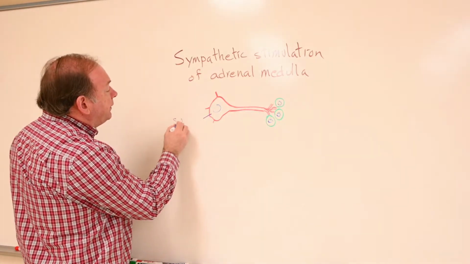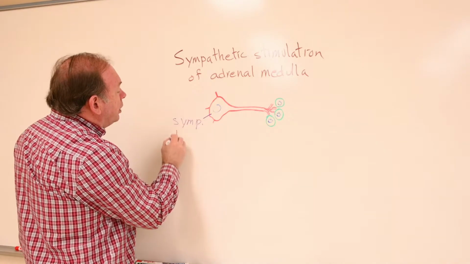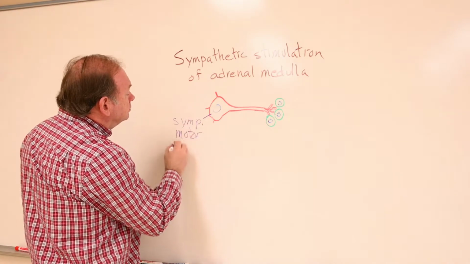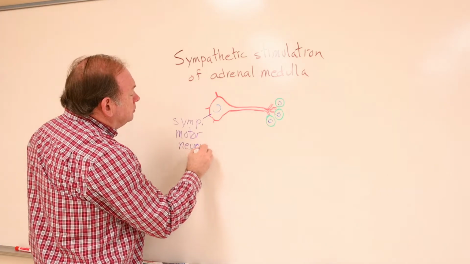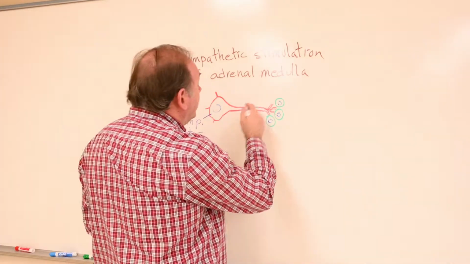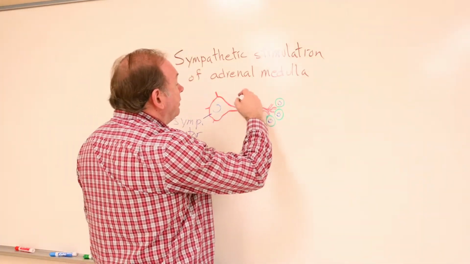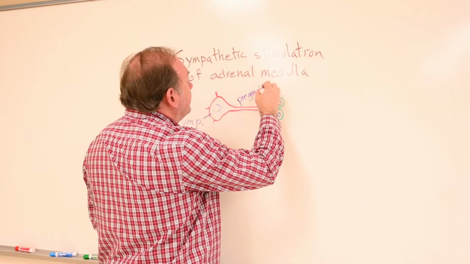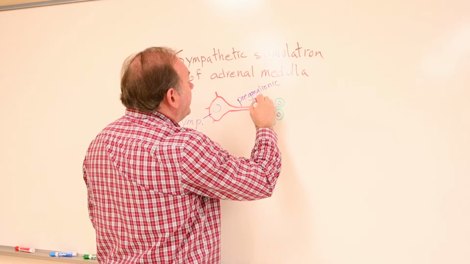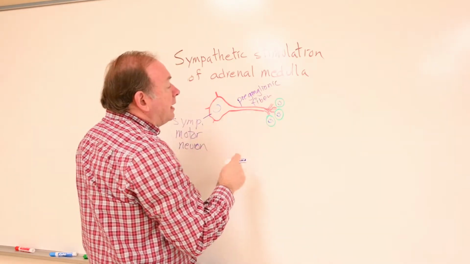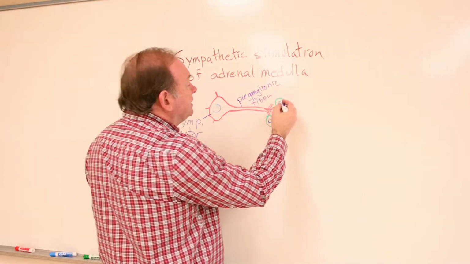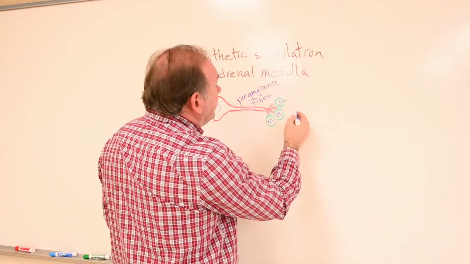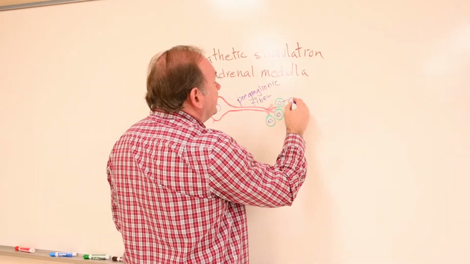So this is a sympathetic motor neuron. This extends through the peripheral nervous system. We're still going to call it a preganglionic fiber, nerve fiber, but instead of going to a ganglion cell type, it is going to adrenal medulla cells.